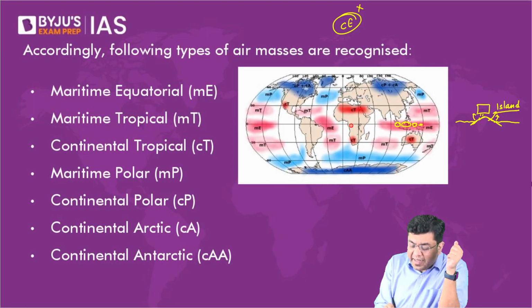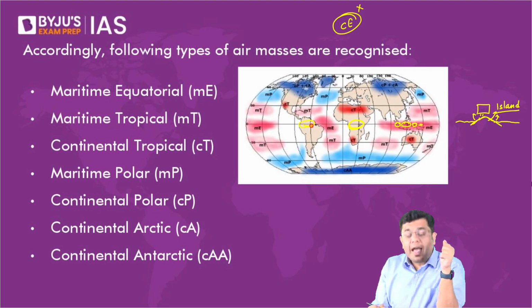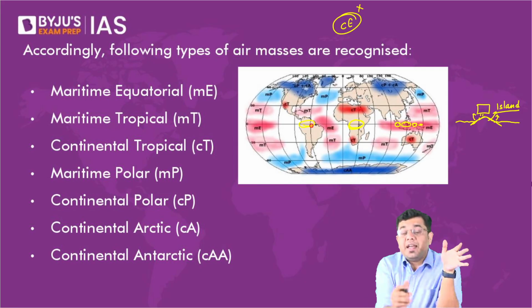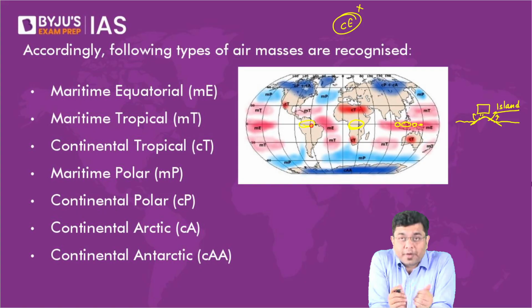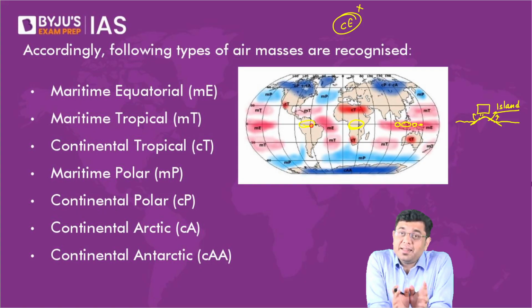You have some land areas around the region of equator in both Africa as well as South America. Now, in both of these areas, yesterday we had seen, when we were talking about the aspect of convectional current, that in equatorial areas in the late afternoons and in the evenings, on a daily basis, you will end up receiving significant amount of rainfall. Rainfall will be quite significant and happening through the day.